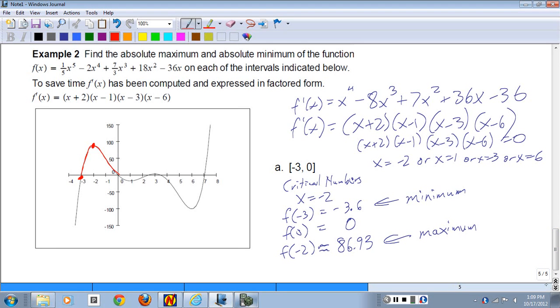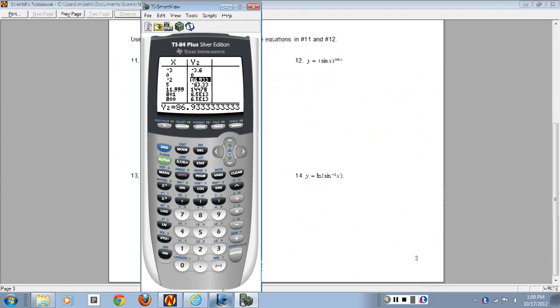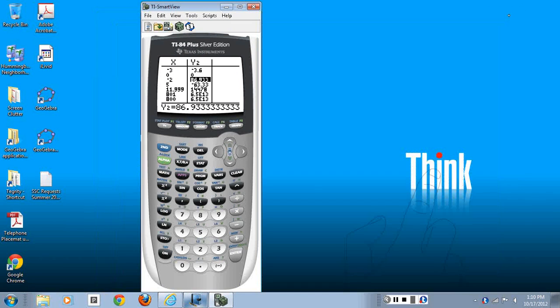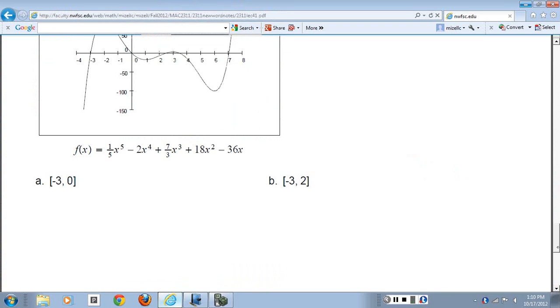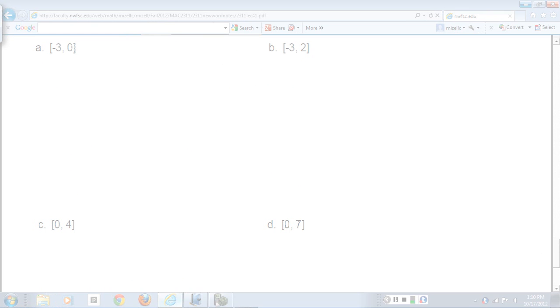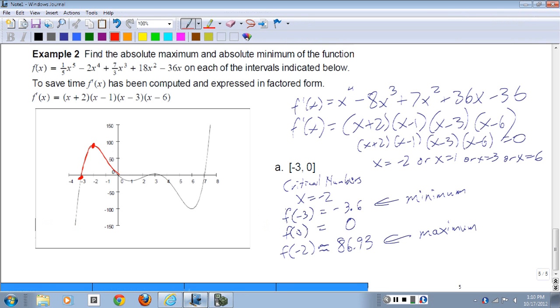Let's see if there's another one of these intervals. I can give four different intervals there. That seems like way too much. Bring that back. -3 to 2. That kind of builds on it. 0 to 4. 0 to 7. How about 0 to 7? Let's do that one. 0 to 7. I feel like I need another copy of that picture.